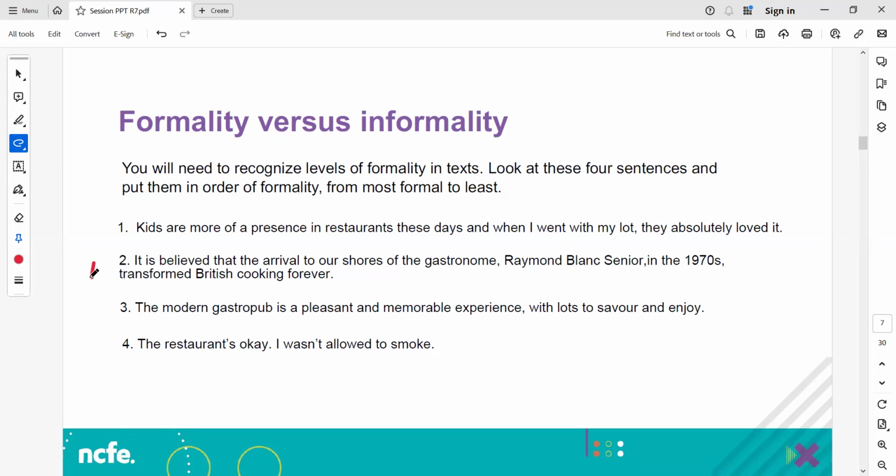Which one would be next? Number 3. Yeah, good. So why number 3? What about that sentence tells you that it is more formal?